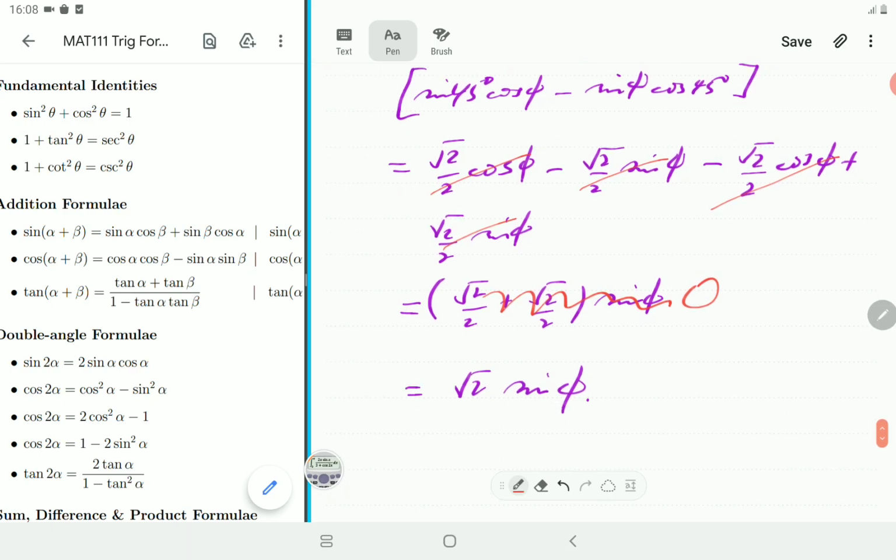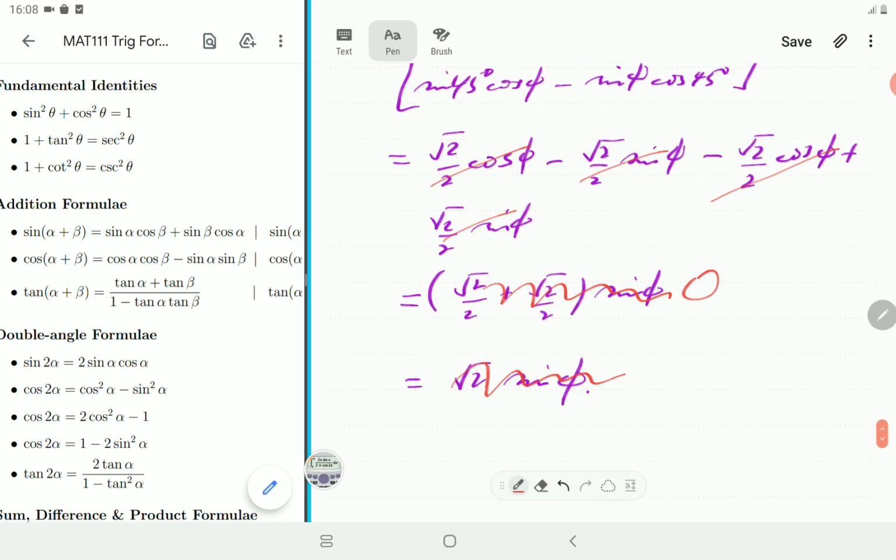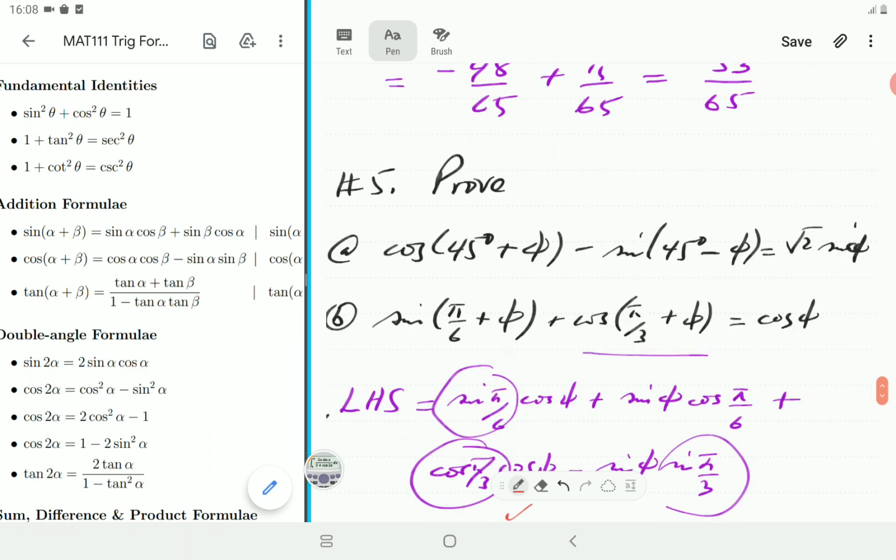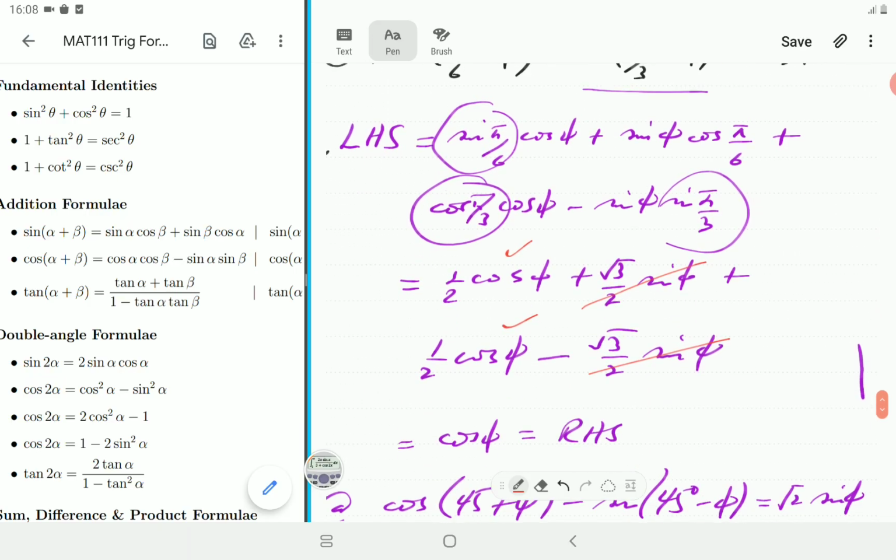So in this case, actually this should be equal to 0. So if we just go back here, make that correction there, that should be equal to 0.